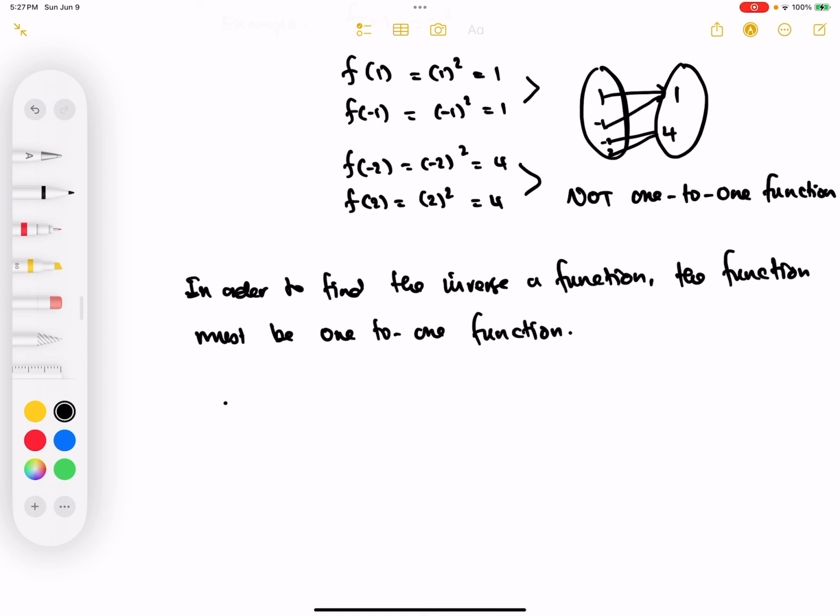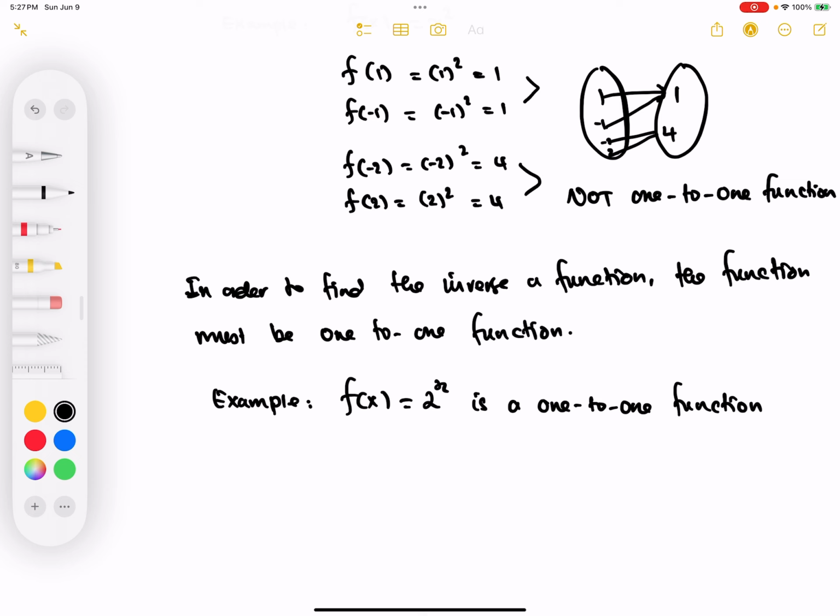For example, f of x is equal to, let's say, 2 to the x is a one-to-one function.